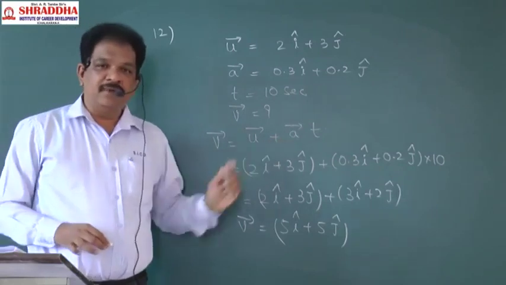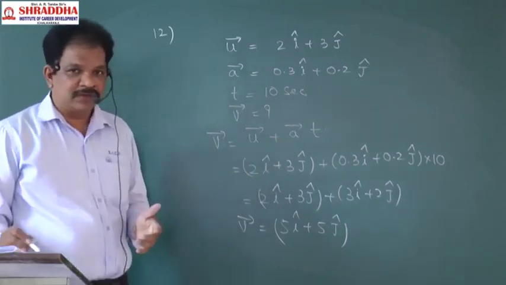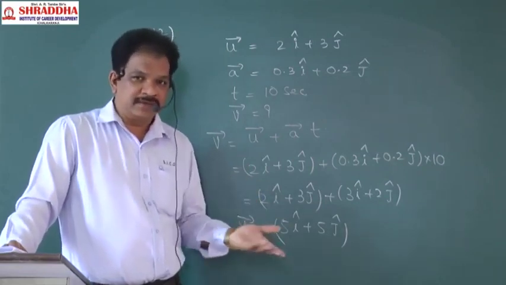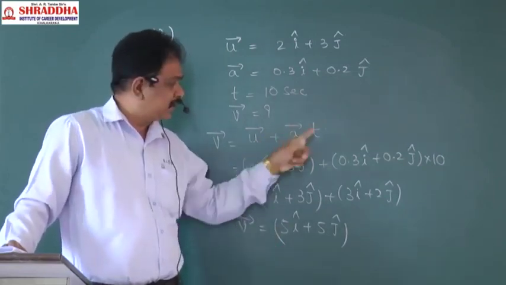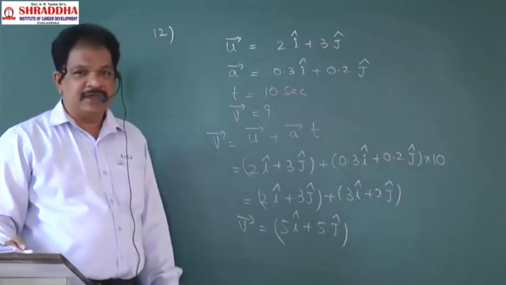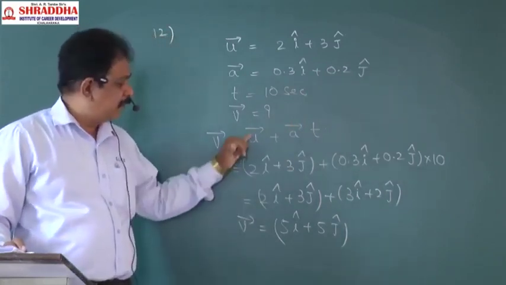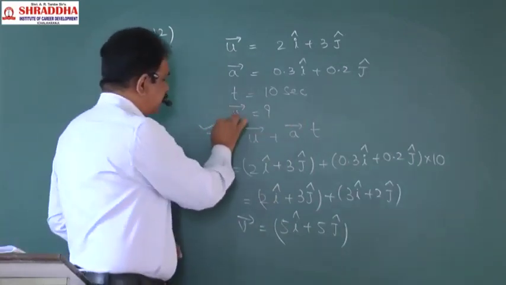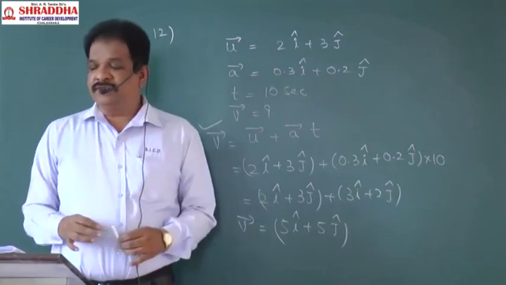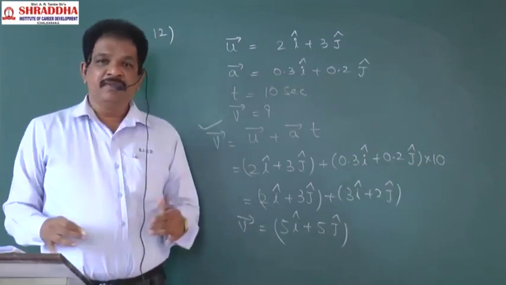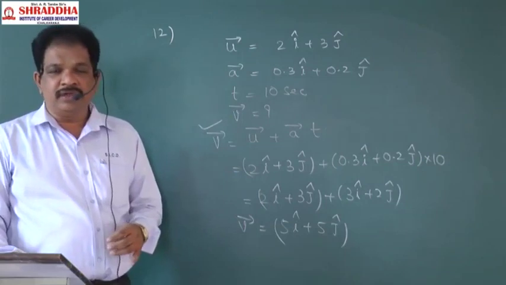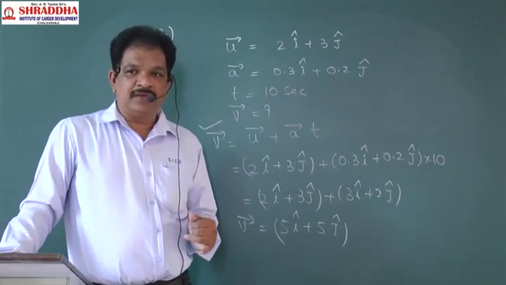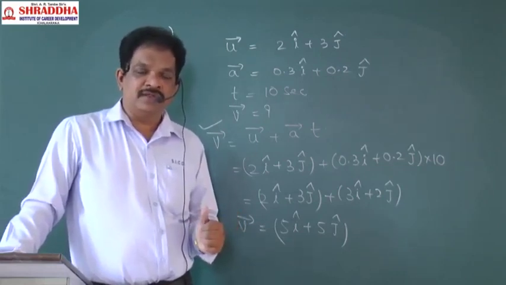This is the formula. Here we are using some formulas. Those formulas will come in the next chapters. After this, the next chapter will be motion in a straight line. There you will get these types of formulas. Of course it will come in the 9th class also. v is equal to u plus at. s is equal to ut plus half at square. v square minus u square is equal to 2as.